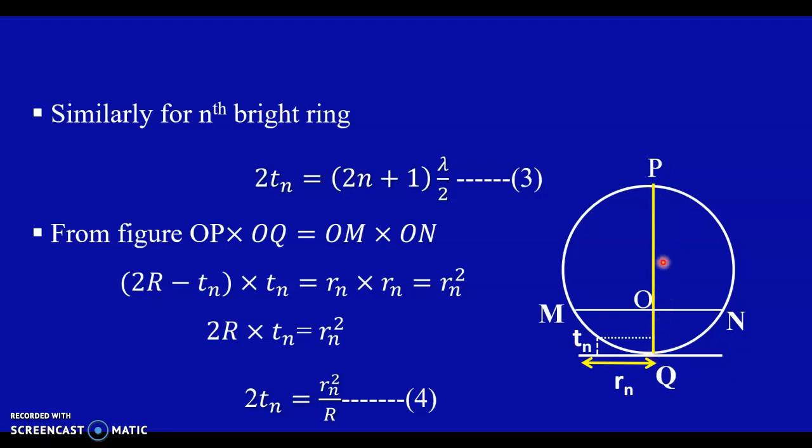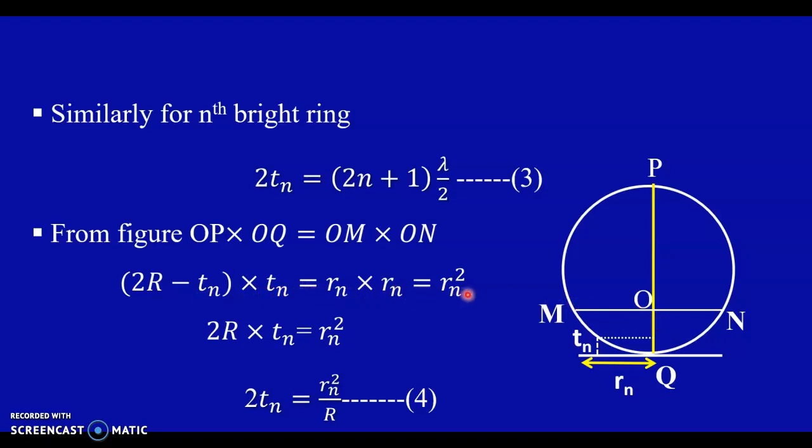The diameter is 2R, 2 capital R, minus OQ, and OQ is equal to Tn. So OP is equal to 2R minus Tn. Then (2R minus Tn) into Tn is equal to OM into ON.